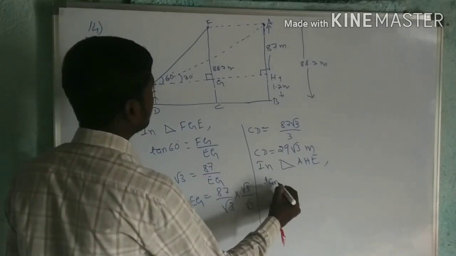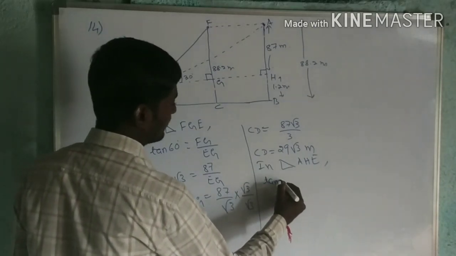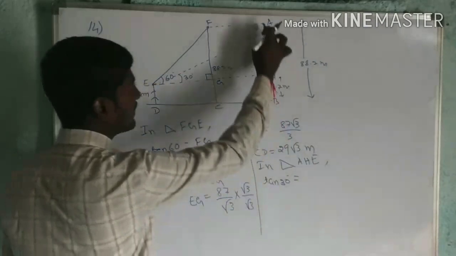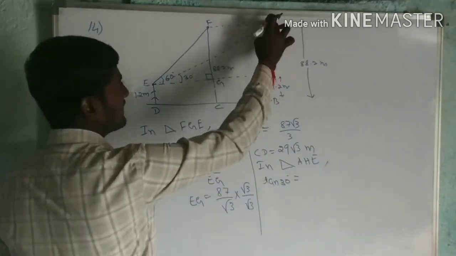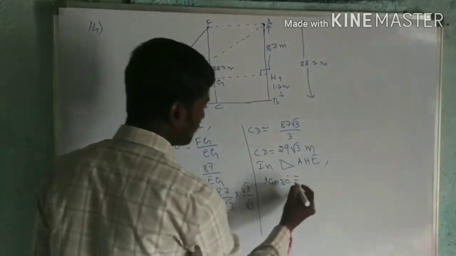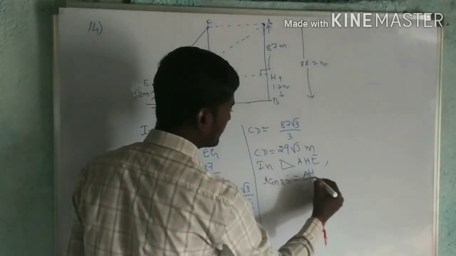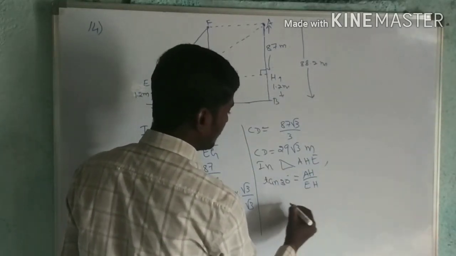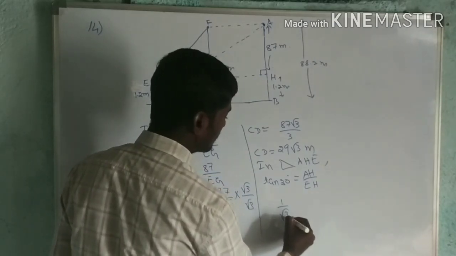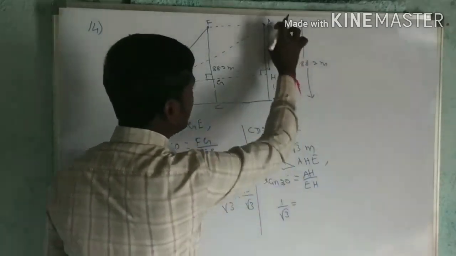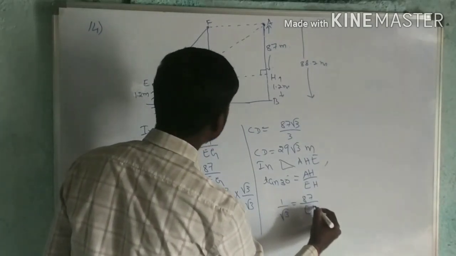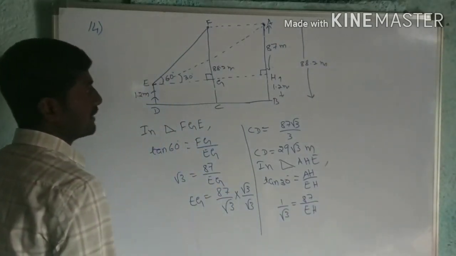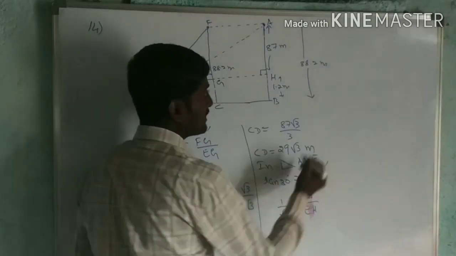Tan 30 degree is equal to AH divided by EH, where the angle AEH is 30 degree. Now tan 30 is 1 by root 3, and AH value is 87 divided by EH. Am I right?